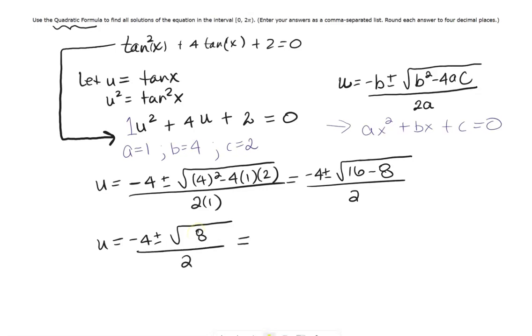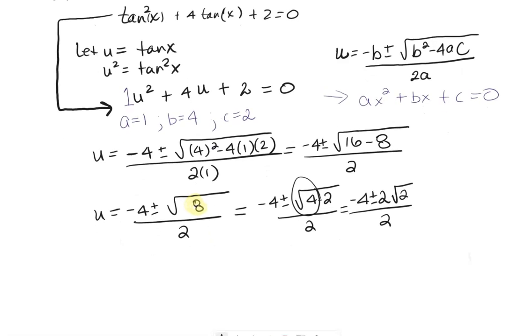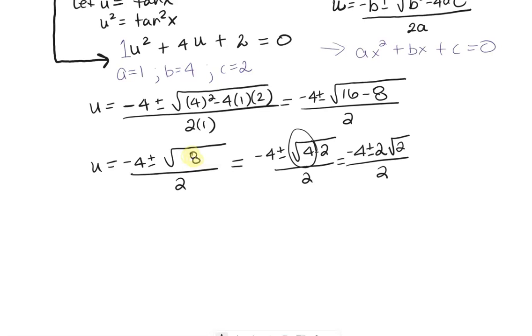8 contains a perfect square factor, which is 4. So we are going to simplify the square root of 8 as the square root of 4 times 2. And then, of course, the square root of 4 is 2, so that goes outside of the radical, times the square root of 2 over 2. We can reduce this.